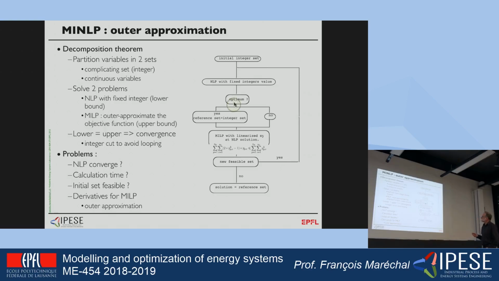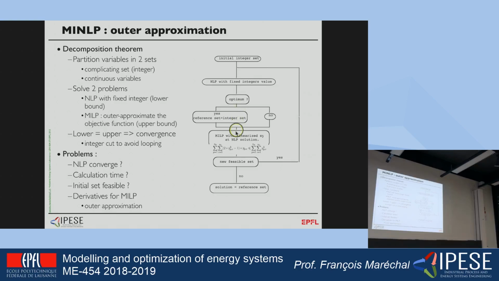But of course, you have to solve more than one nonlinear programming problem, and you have to be sure that the system is going to converge. If it does not converge, it will discard the integer set that you have proposed. And if the system tells you this one is not feasible, you have to be sure that it is truly infeasible, and not because the nonlinear programming algorithm is not able to find the solution. So there is a risk that needs to be considered.